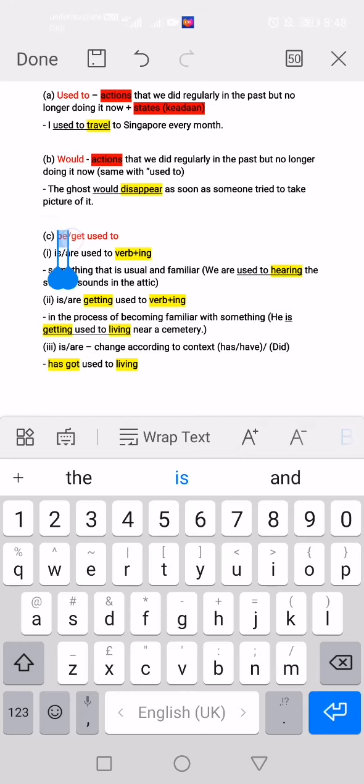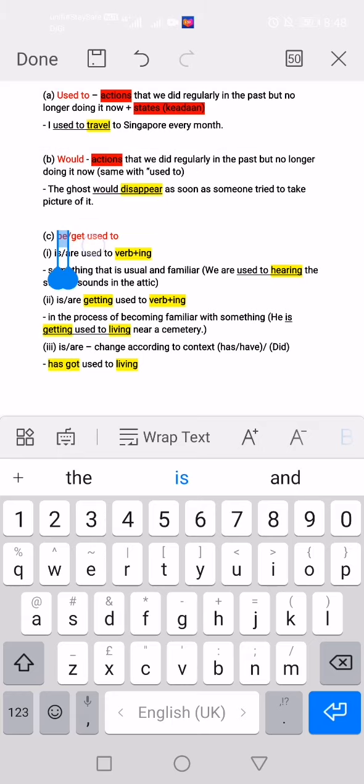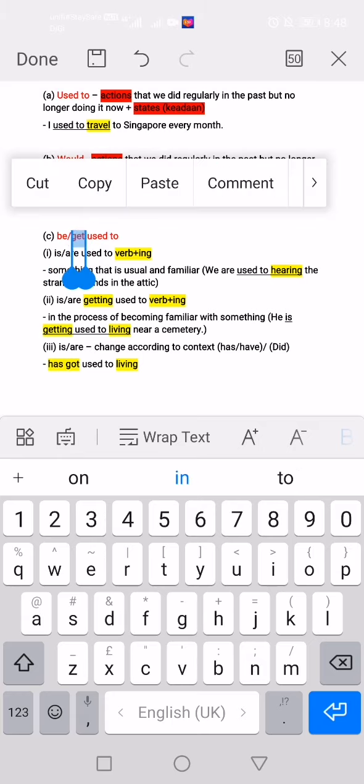And the last one, be. Whenever you say be, teacher, what's the meaning of be? Be meaning adding is, are, was, were only, okay? Or get used to. Apa maksud get used to? 习惯起来, membiasakan diri.